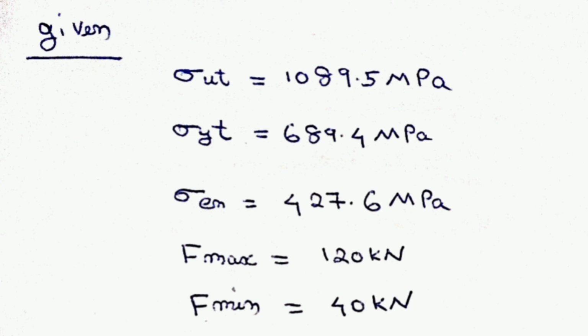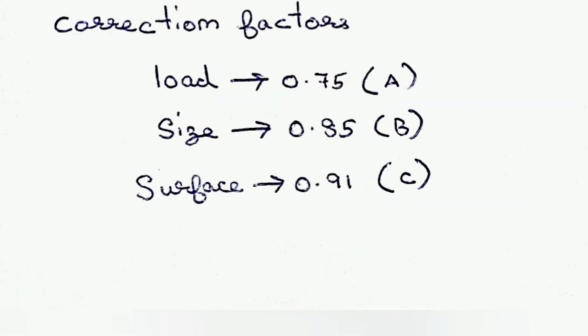Megapascal is the same as Newton per mm square, so we don't need to change the unit. Yield stress 689.4 megapascal. Endurance stress 427.6 megapascal. Maximum force 120 kilonewton and minimum force 40 kilonewton. And the correction factor for load 0.75, for size 0.85 and for surface 0.91.